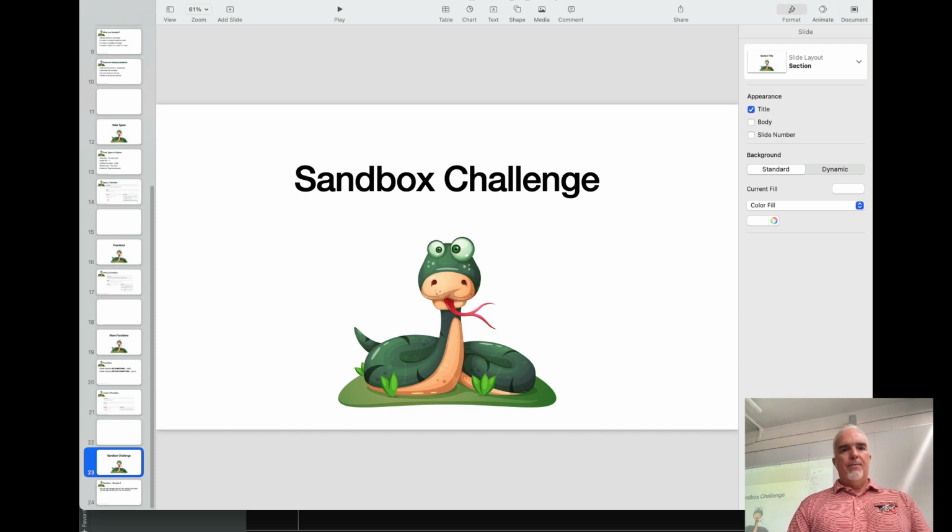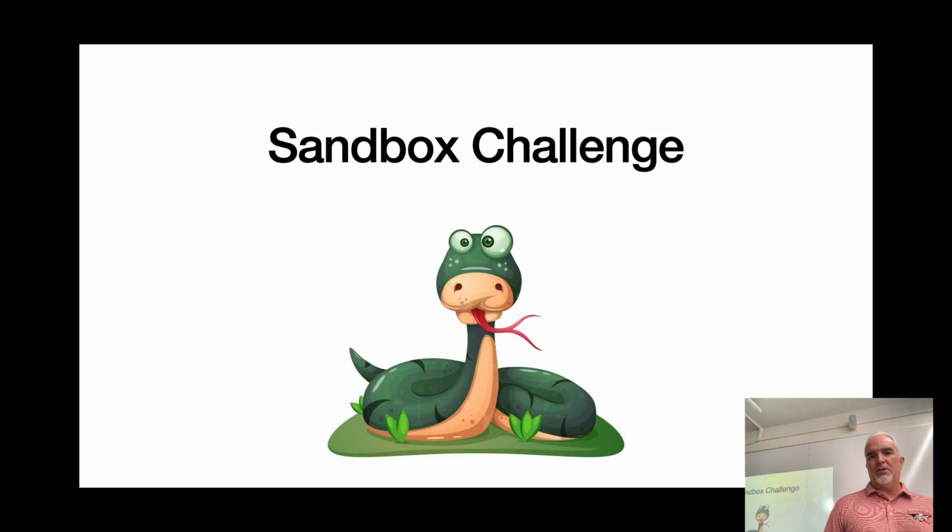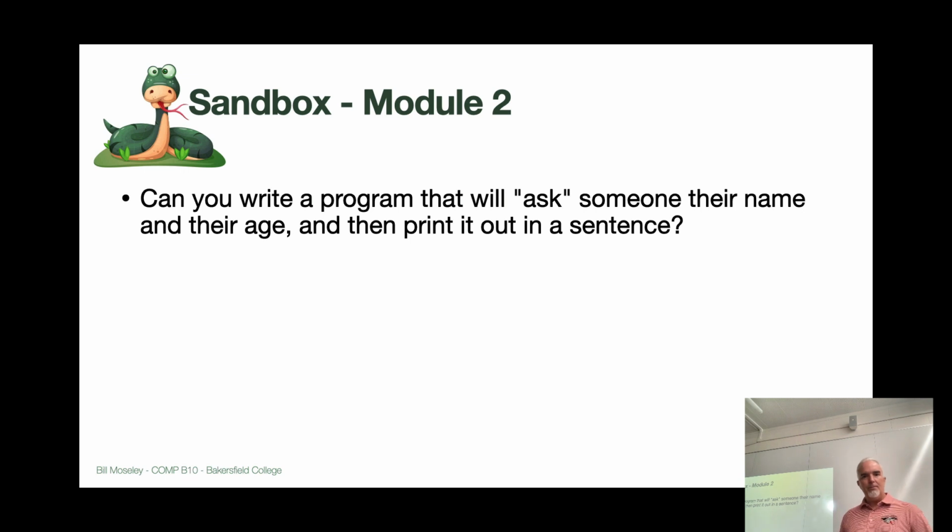So that brings me to the Sandbox challenge, which is non-credit. You don't have to do it if you don't want to, but here's a good practice. In a lot of these lectures, when I don't have an assignment to give you, I'm going to give you a Sandbox challenge that'll test you and help you work on some of these things. So your challenge is to ask someone their name and their age and then print it out in a sentence.